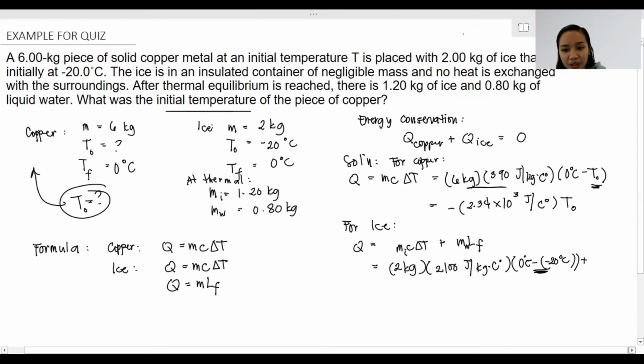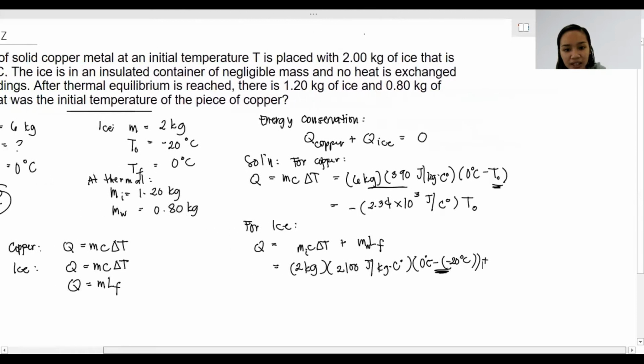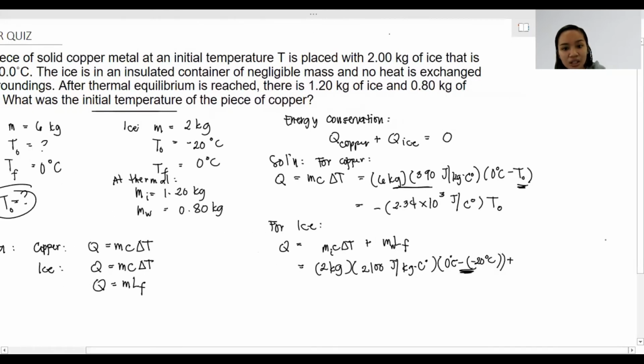And then we also have plus MLF. Now here, ang gagamitin natin is the mass of the water kasi nag-change naman tayo ng phase. So during the phase change, we obtained 0.80 kilograms of water, and then times the latent heat of fusion for the water, that's 3.34 times 10 raised to 5 joules.